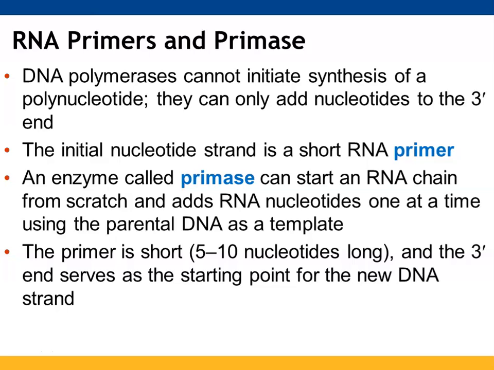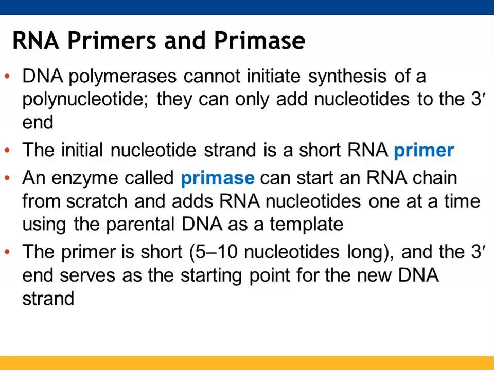DNA polymerases are what are going to add nucleotides to create those daughter strands of DNA. But they can't add nucleotides initially. They can only add them to a 3' end. And so RNA primers are going to help to make that possible.